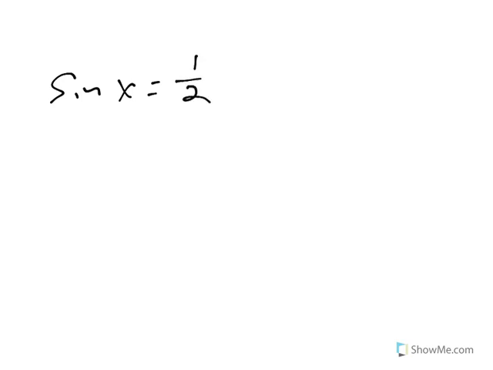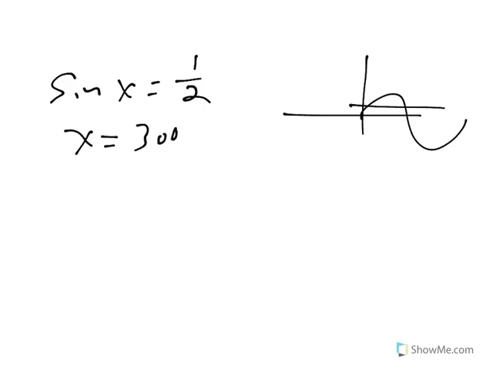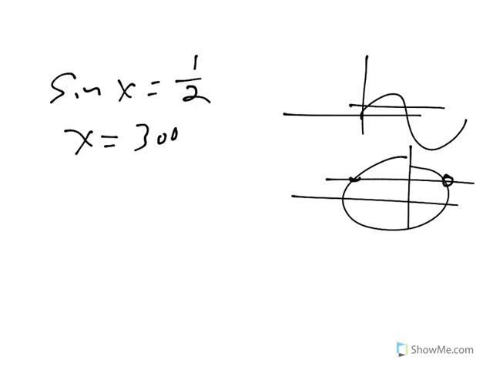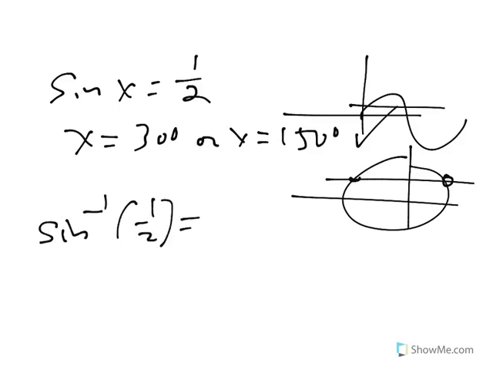We usually think of this as having two answers, and it does. x is equal to 30 degrees, if you like a unit circle, here's 1/2, and also x is equal to 180 minus 30, or 150 degrees. So that's true. But if I say sine inverse of 1/2, that's only going to have one answer, just the answer that's between negative 90 and 90.